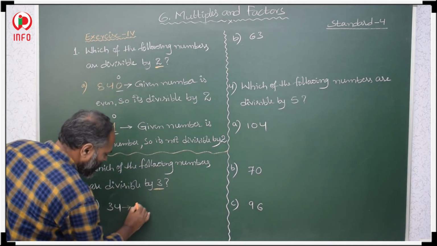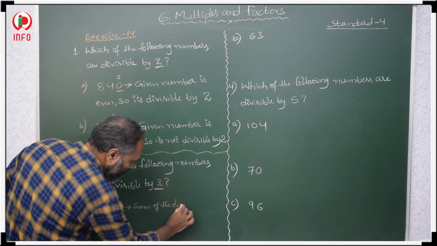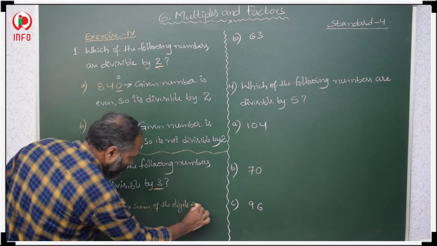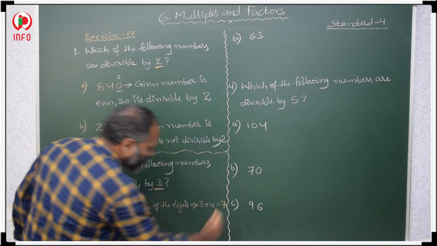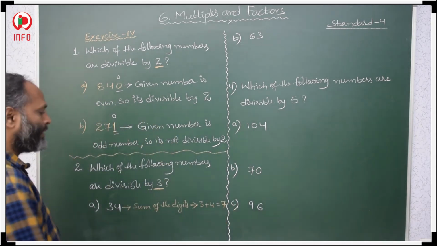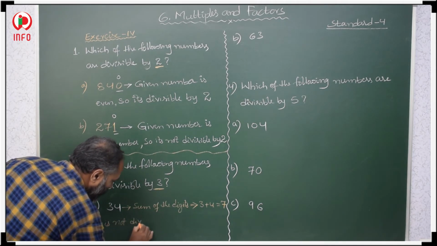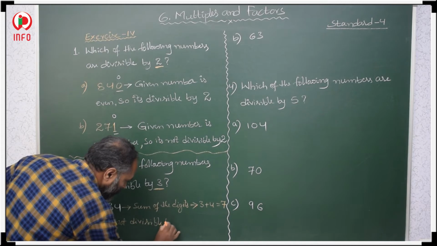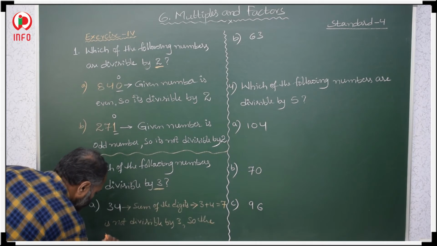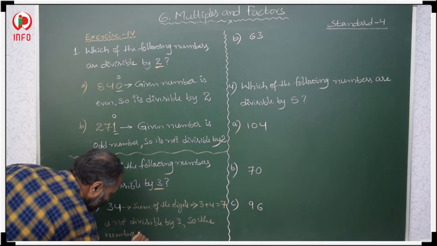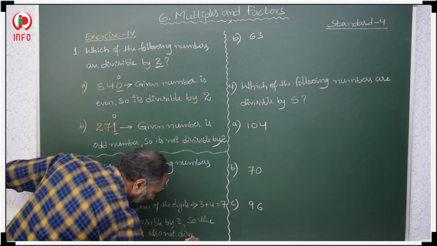Sum of the digits: 3 plus 4 is 7. 7 is not divisible by 3. So the number is also not divisible by 3.